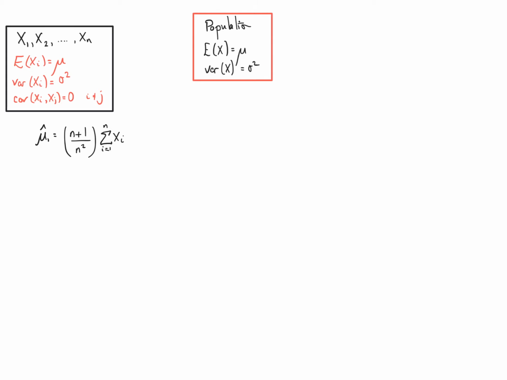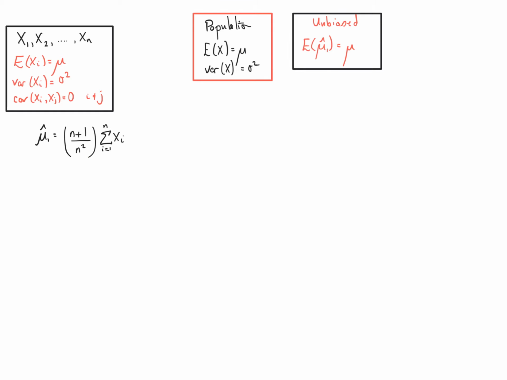Remember, an estimator is unbiased if the expectation of that estimator is equal to the true population parameter that we're estimating. So in this case, if the expectation of mu1 hat is equal to mu, that is an unbiased estimator. Intuitively, that means that if we repeatedly used this estimator on repeated samples from the population, on average, it would give the true population value mu.